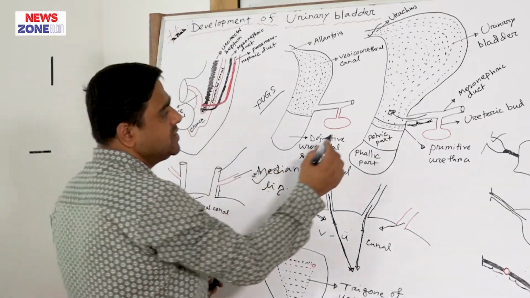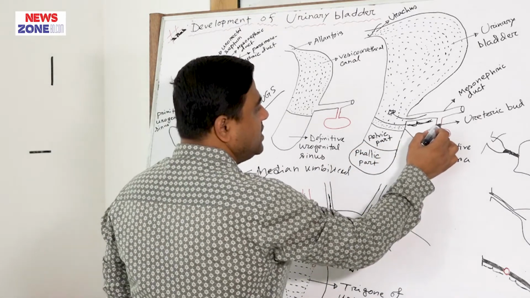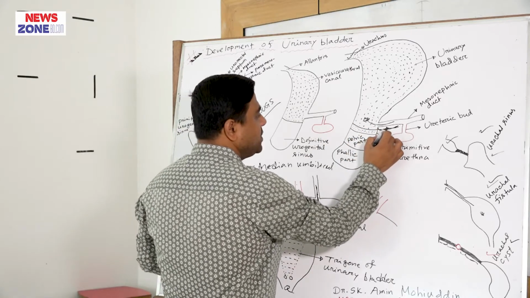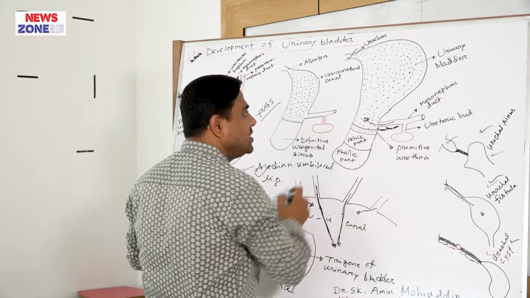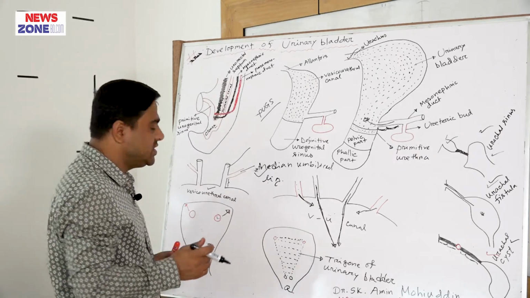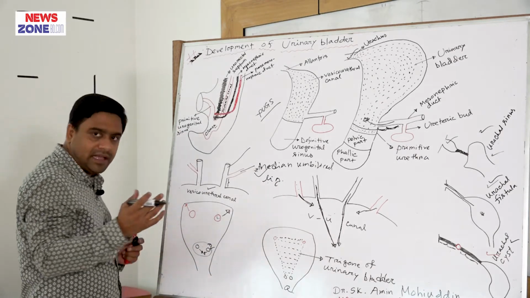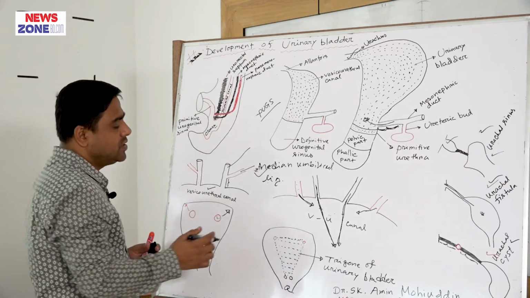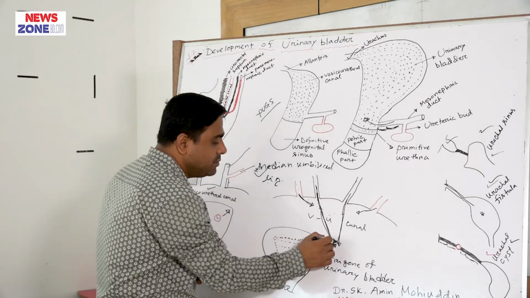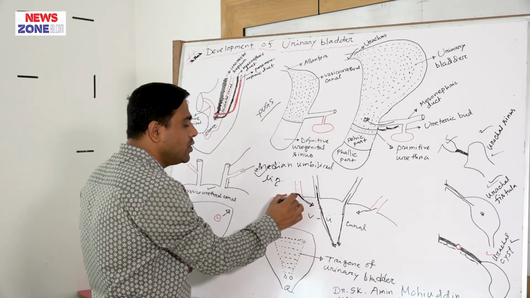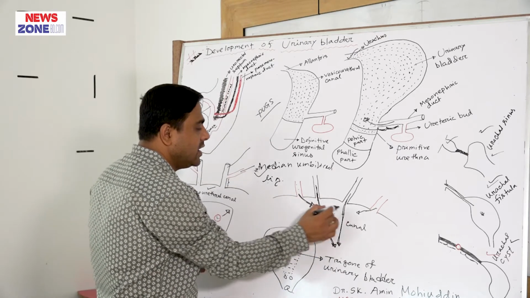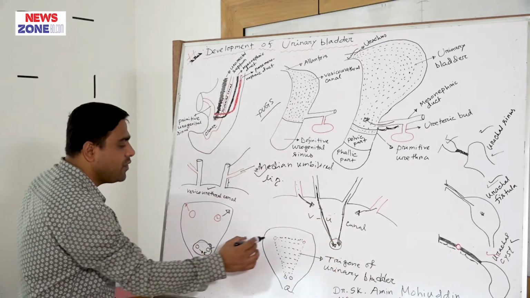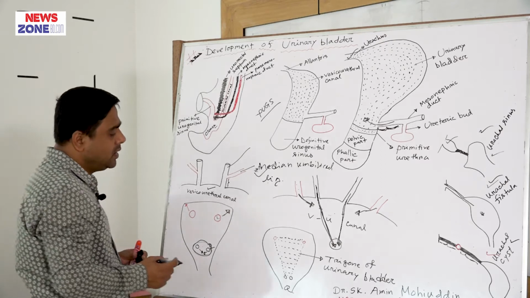With the ascent of the kidney, the mesonephric duct grows caudally and medially, and the ureteric bud grows cranially and laterally. And ultimately this mesonephric duct forms the trigone of the urinary bladder.